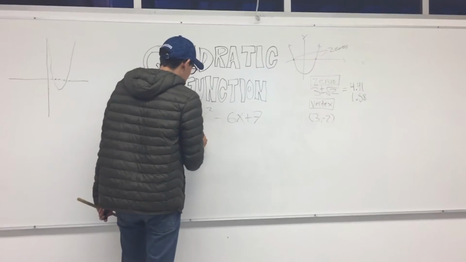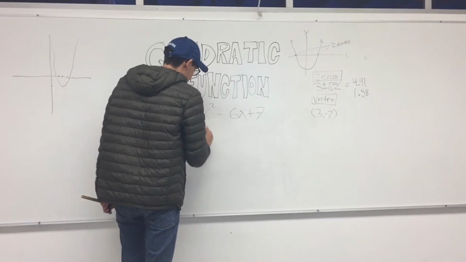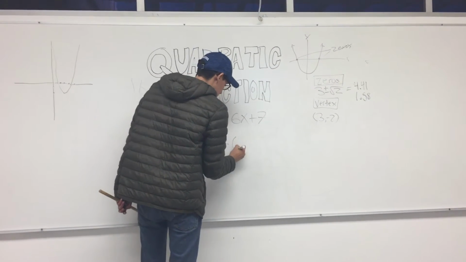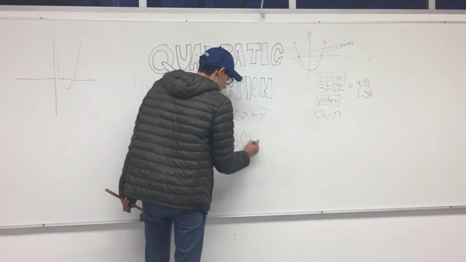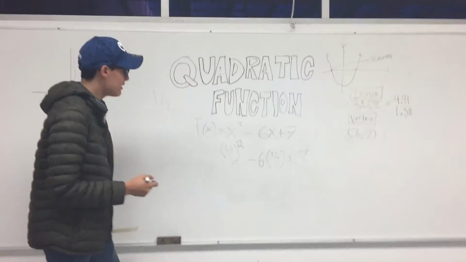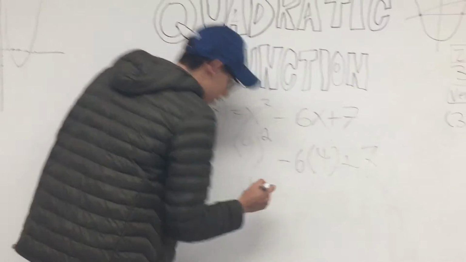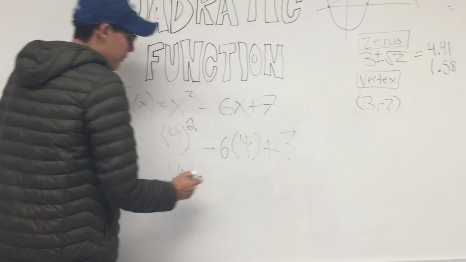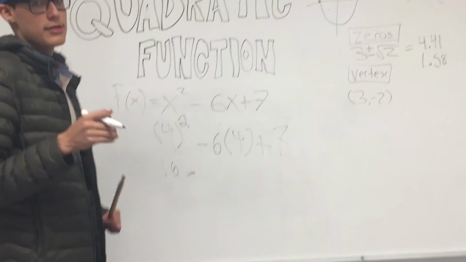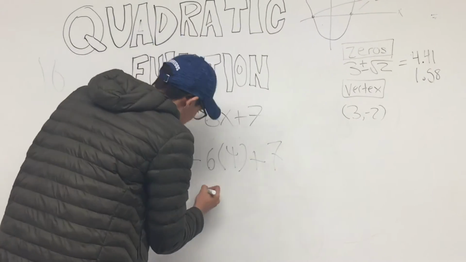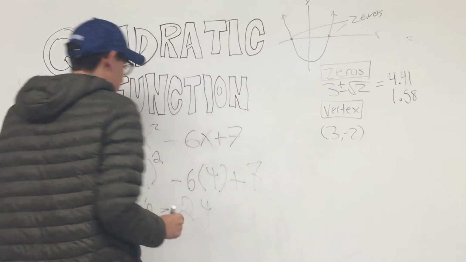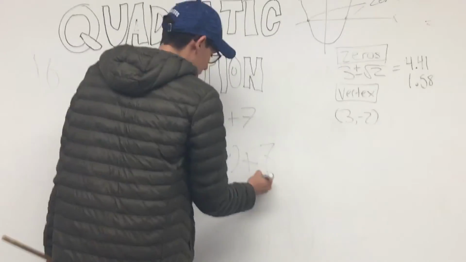So we know that 4 squared is 16, minus 6 times 4 is minus 24, and plus 7.